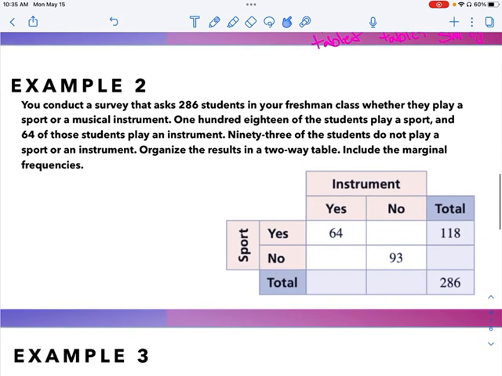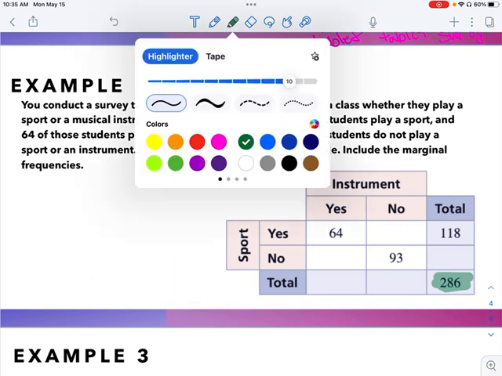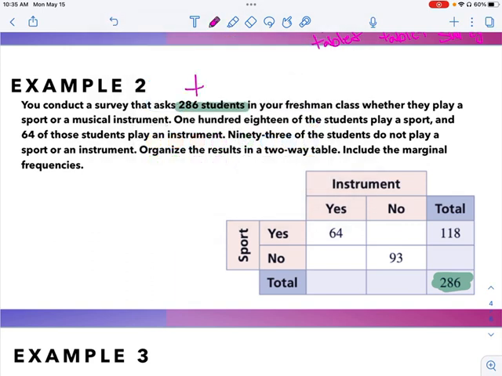Okay. Next part, though, is we can take a story problem and fill in and be able to determine all the other numbers that we need. It starts off, it says, you conduct a survey that asks 286 students in your freshman class whether they play a sport or a musical instrument. Notice that becomes your total. So total, there were 286 students asked.